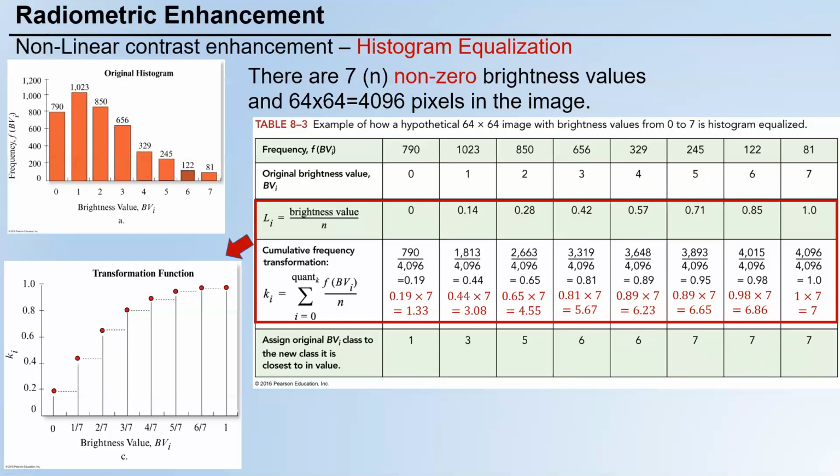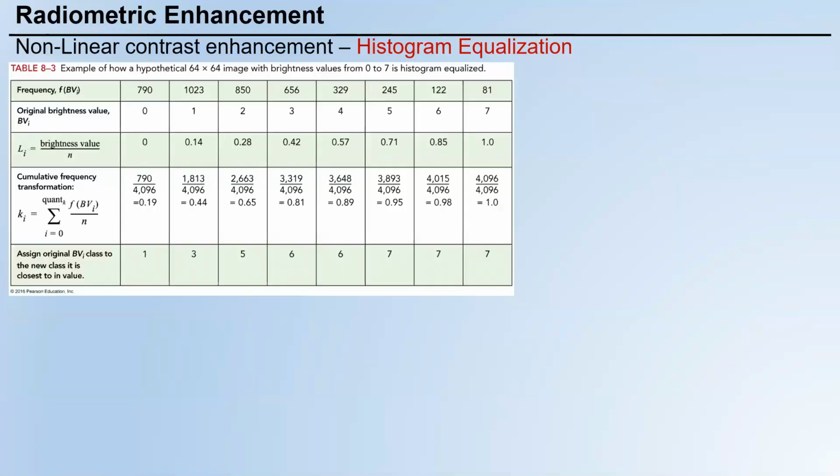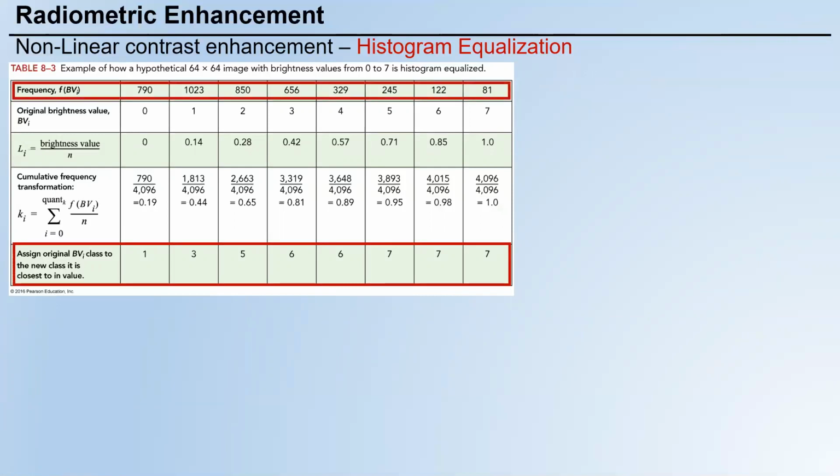Next, let's redraw the histogram. Same table here, right? In the new image, class 1 has 790 pixels. Class 3 has this number of pixels. Class 5 has this number of pixels.